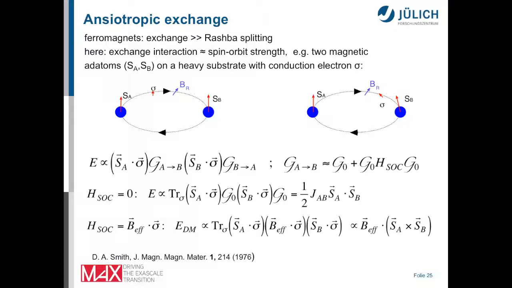That means exactly this Dzyaloshinskii-Moriya form, which comes now from the fact that from A to B you have a kind of spin flip scattering on your conduction electron mediating the spin, and this causes then a slight deviation from the collinear arrangement, as you can imagine here.